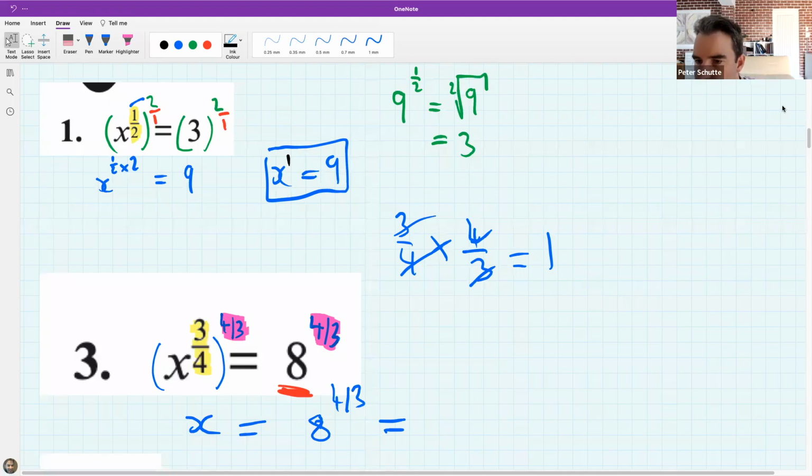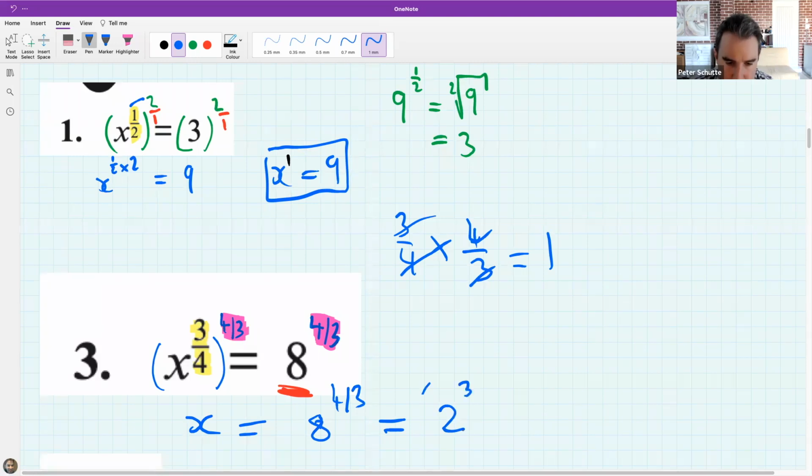Okay, who would like to tell me? Luyanda, let's go to you. What do you think we need to do to get the answer to this without our calculators? Hi, sir. So I think we have to make the 8 a prime number. I put in brackets 2 to the power of 3 in brackets, and raised then to the power of 4 over 3.